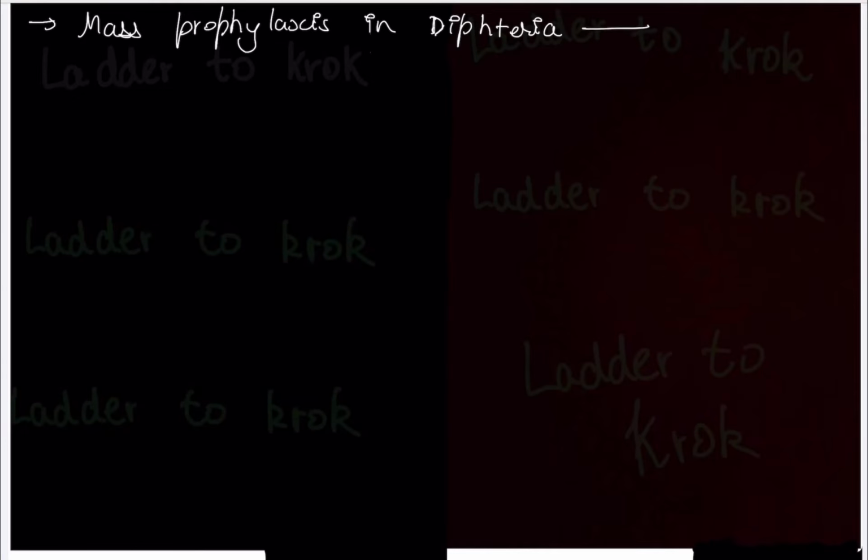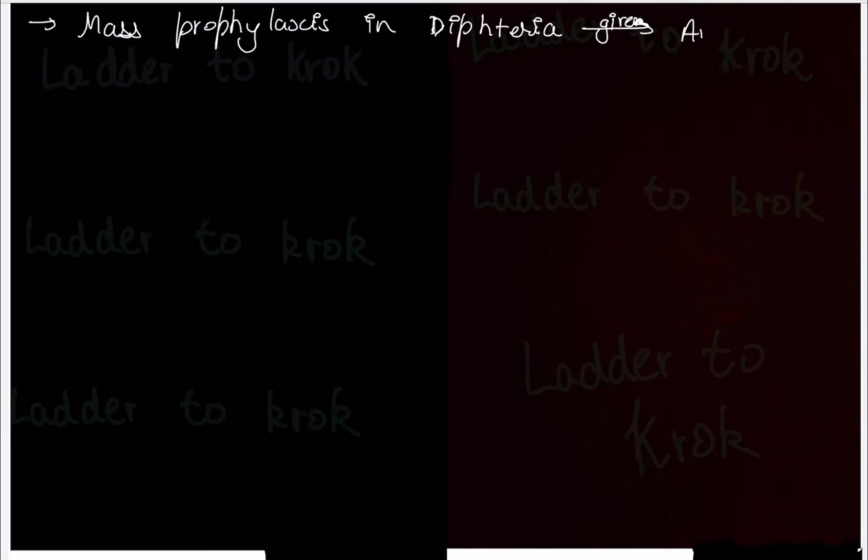Mass prophylaxis in diphtheria. So what is mass prophylaxis? Whenever you have to treat or save a very huge number of the population, like in a school or in an office, at that time, at the mass prophylaxis level in diphtheria, what will we give?